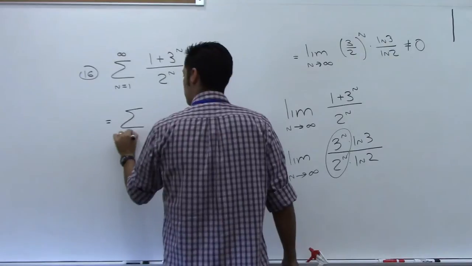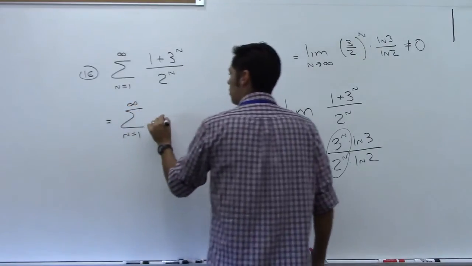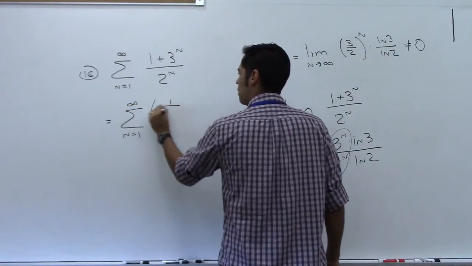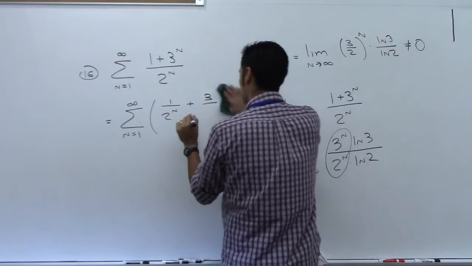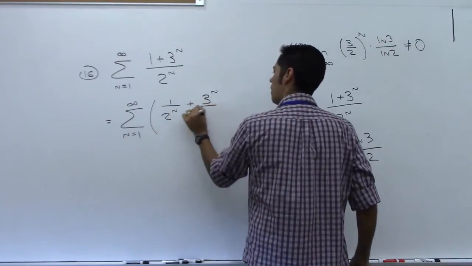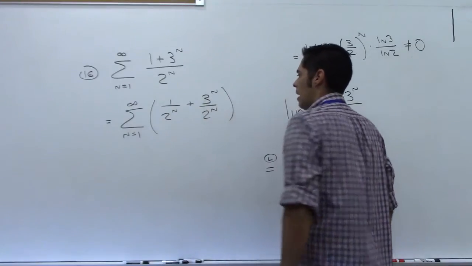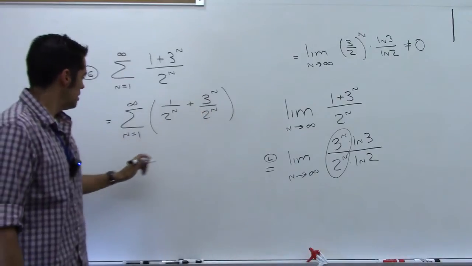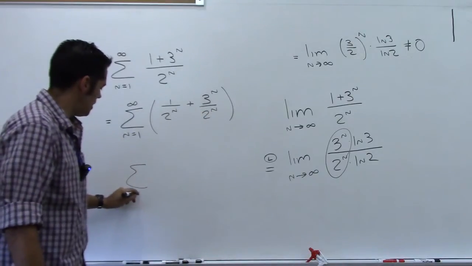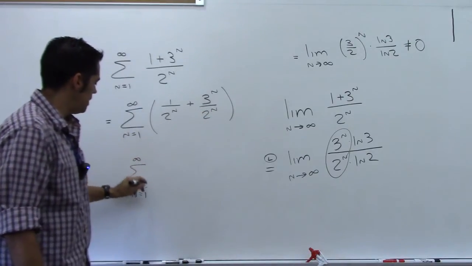But another thing you could do is you could have split this into 2 fractions. And then you could realize that these are both geometric series. So this sum, n equals 1 to infinity.